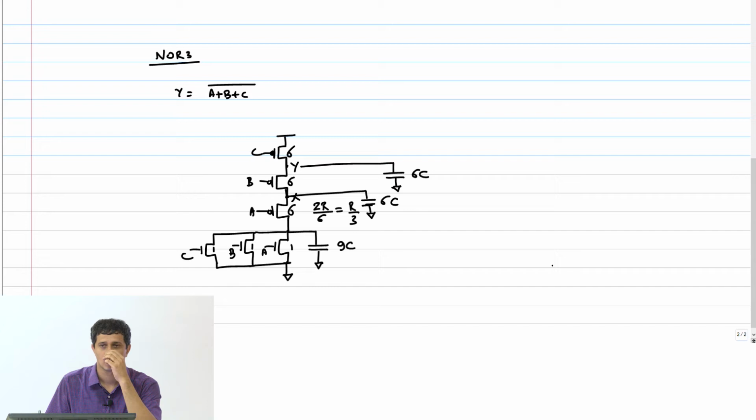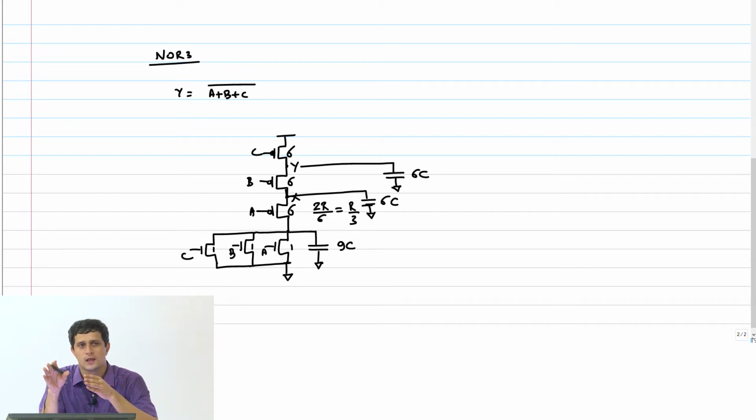Okay. So remember that this shared contacted diffusion, only in this NAND and NOR case, simple cases, it's easy to figure out without doing the layout. Otherwise you have to go into the layout to figure out what happens. So we are not worried about those things right now, in the sense that ultimately when you do a simulation with the layout extracted netlist, you will get all that information appropriately, right? But it's not easy to always say that if I give you any arbitrary circuit, how many of them will be shared uncontacted or how many of them will be shared contacted diffusions.